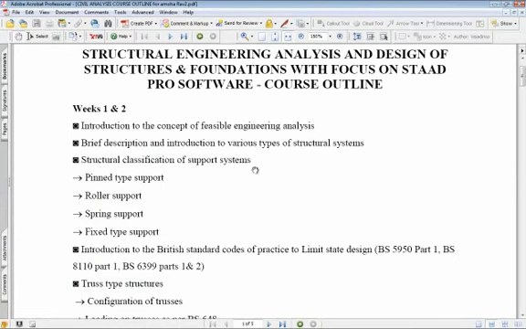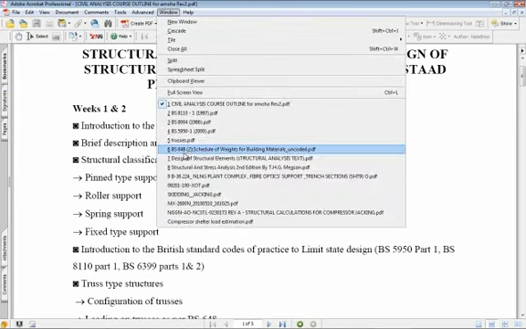In engineering analysis, a structure is classified as either determinate or indeterminate.